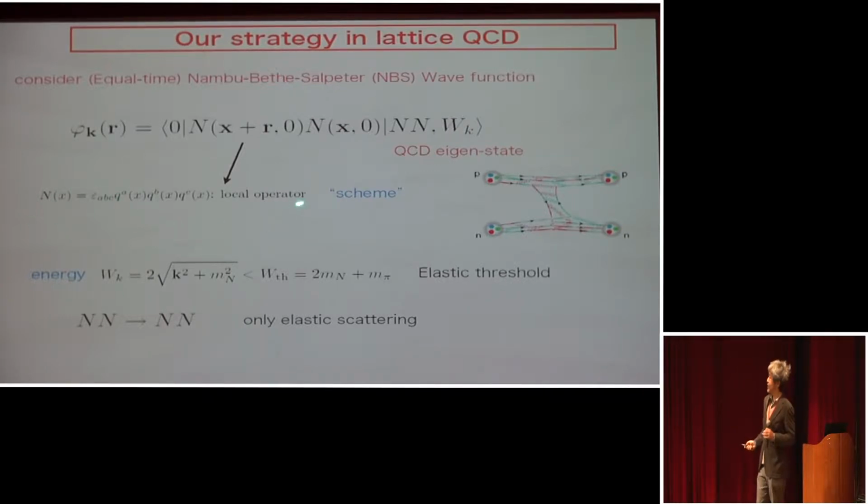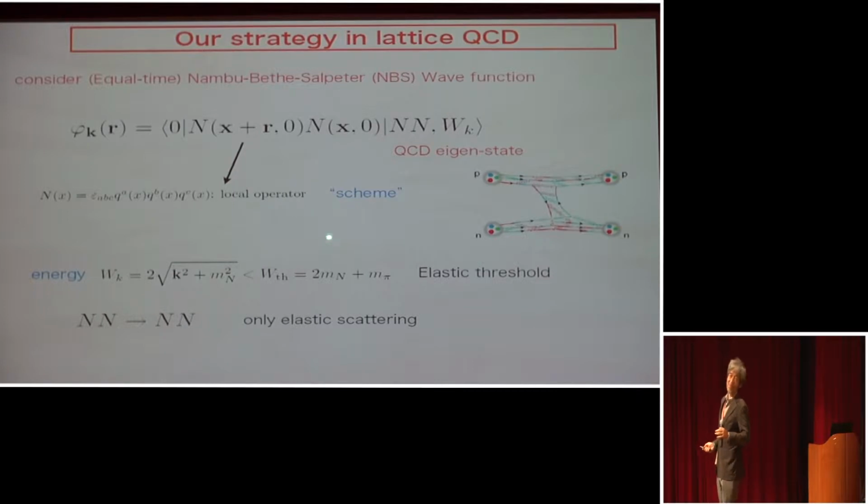And in our definition, we use the so-called local operator. Local means the quarks are also at the same point x. You can use a different operator, which corresponds to a different scheme, like the MS-bar scheme or the MS scheme. And we sandwich it with the vacuum. So this quantity depends on the relative coordinate r, and also on the energy or relative momentum k.